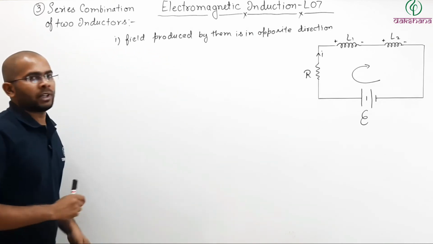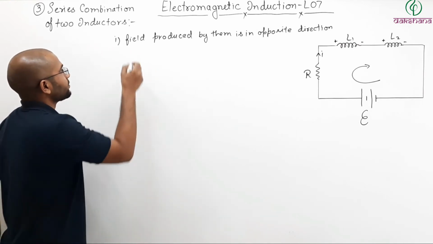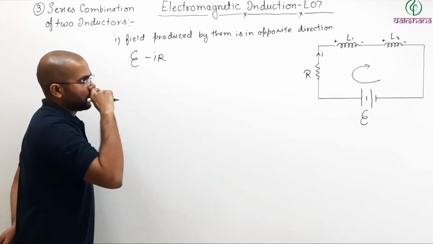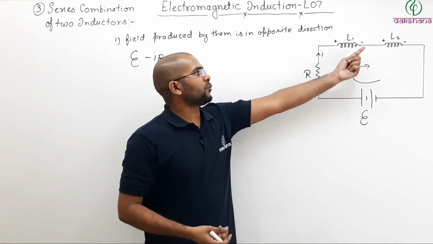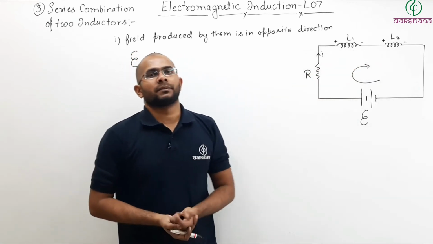In that case, what will you write? Let us write the equation. EMF minus IR. Now when you write EMF produced across this, that will not be just L1.